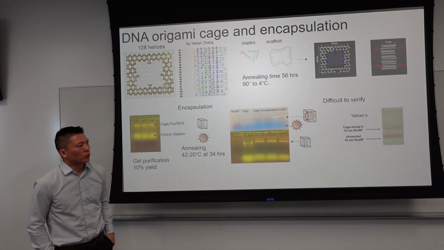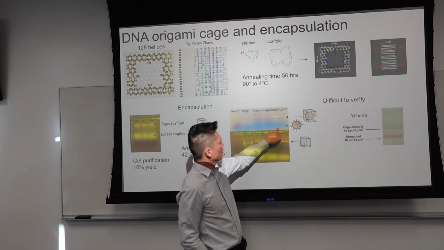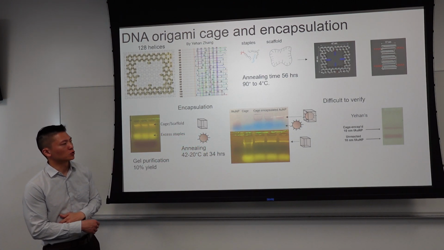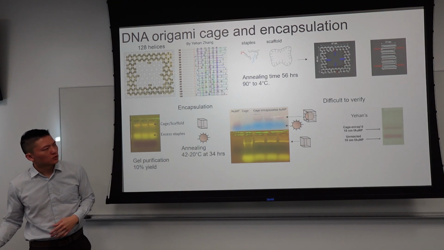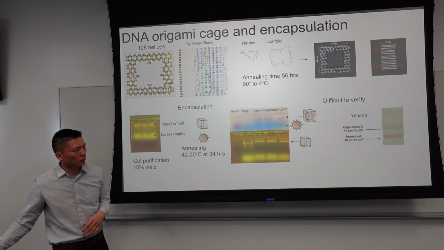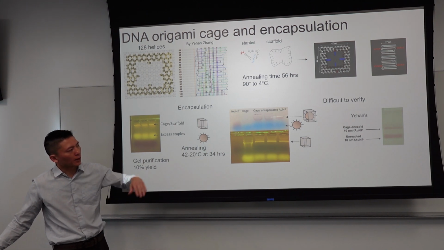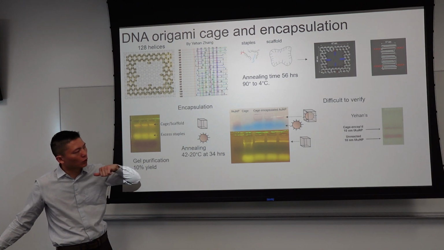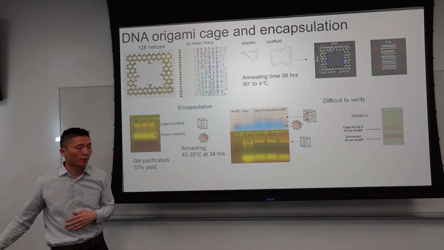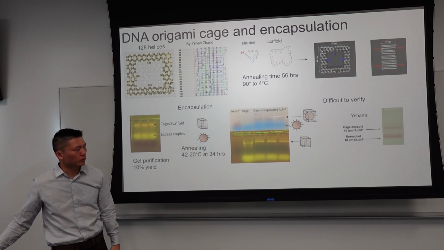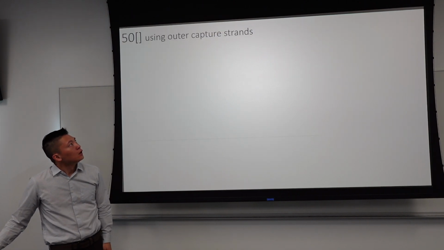It may not be visible, but there is a band here representing excess functionalized gold nanoparticles, and so I'm pretty happy that it works out, and that it kind of looks like Ihan's bands, with encapsulated on top with lower mobility and functionalized gold nanoparticles on the bottom. Again, the overlapping bands indicate that encapsulation should have occurred.